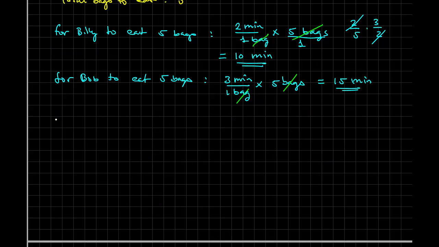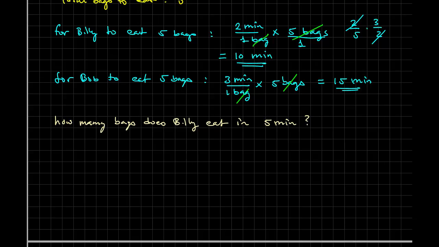Okay, now before we try to solve the initial problem, let's go back and look at another scenario. Let's ask the question, how many bags does Billy eat in, let's say, 5 minutes?